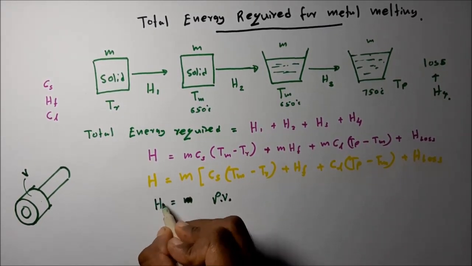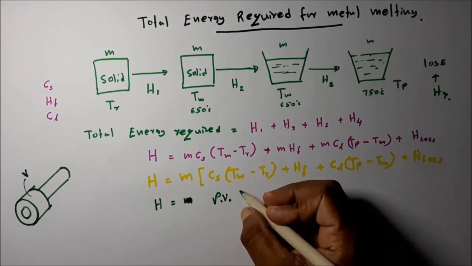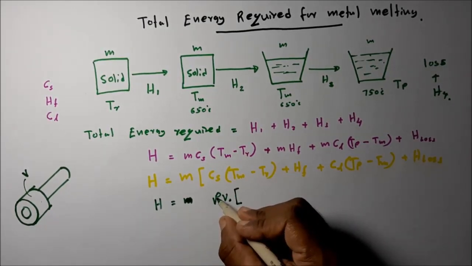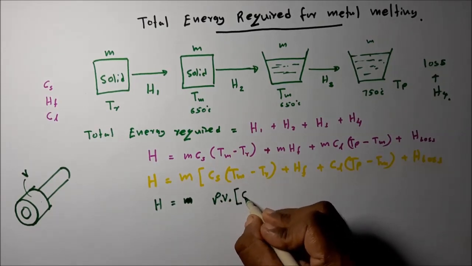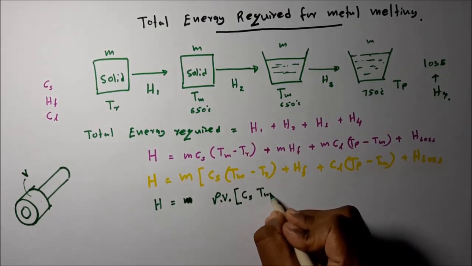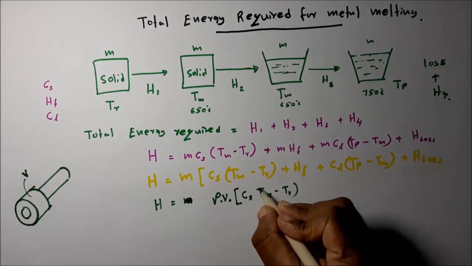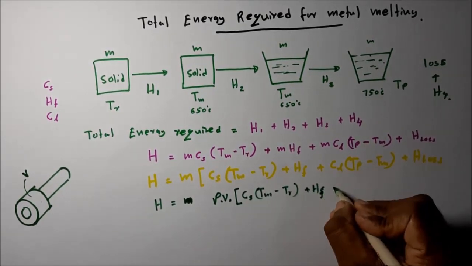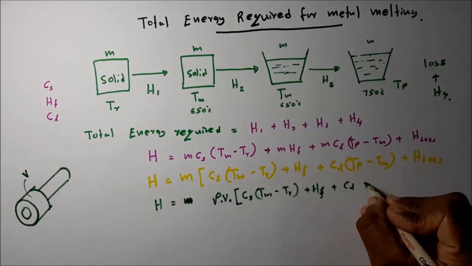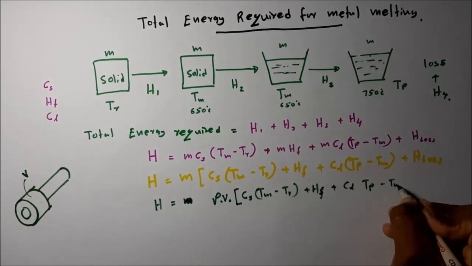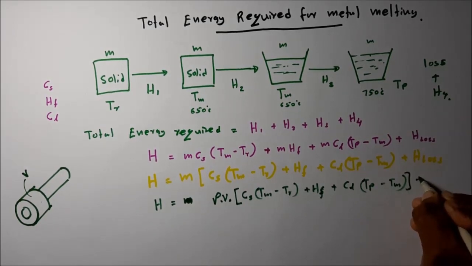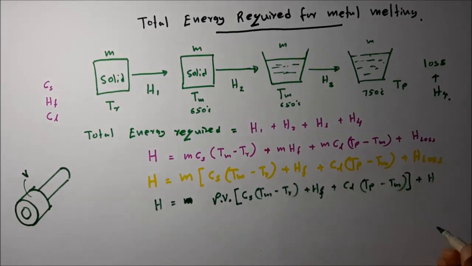Then H is equal to the density of the solid metal times V, times CS, Tm minus Tr, plus HF, plus CL, Tp minus Tm, plus H loss. Sorry, there should be a bracket here also.